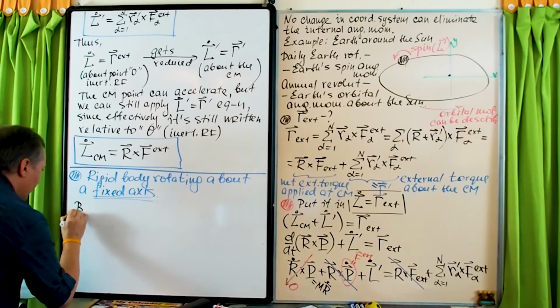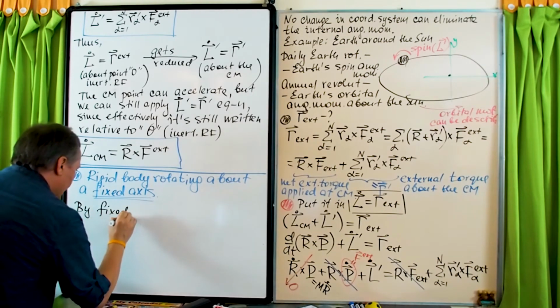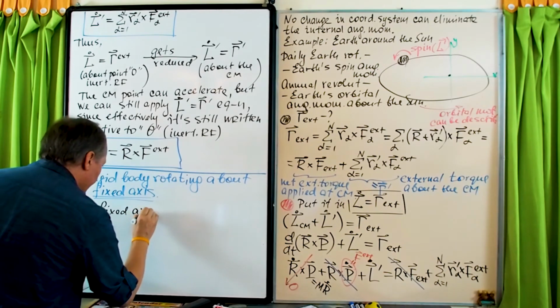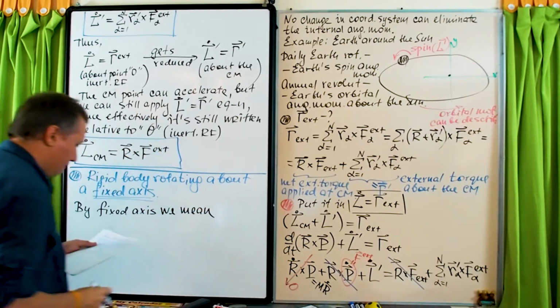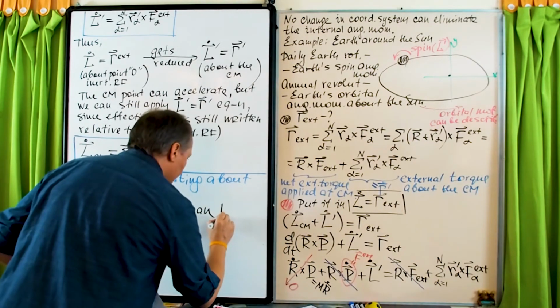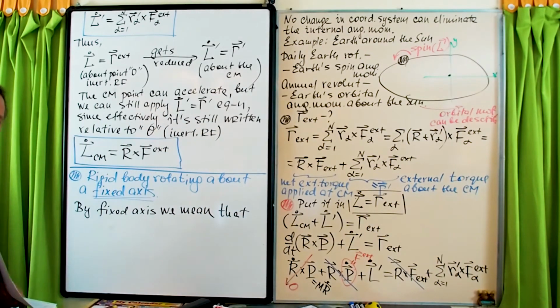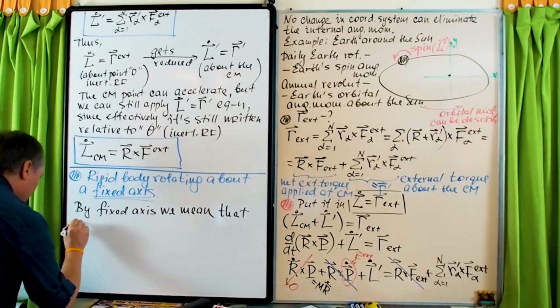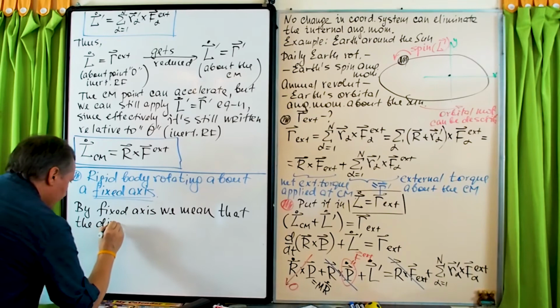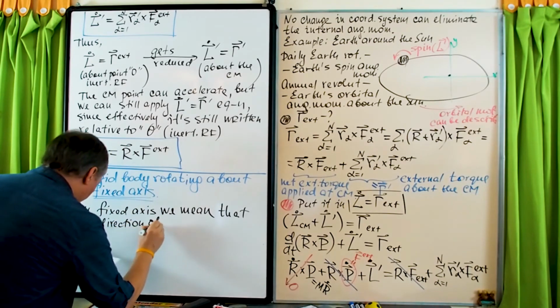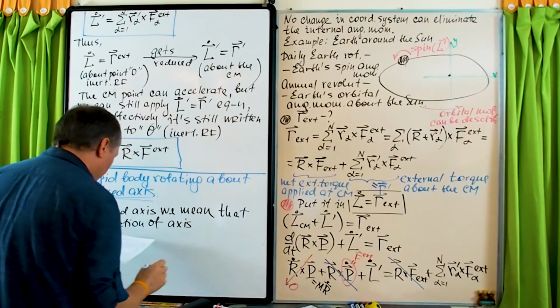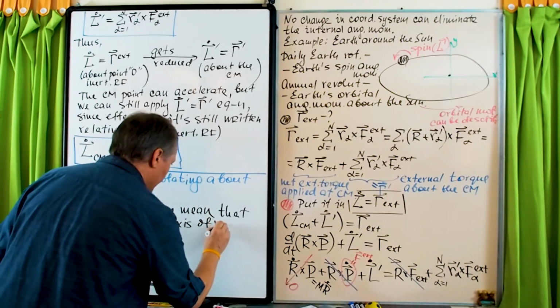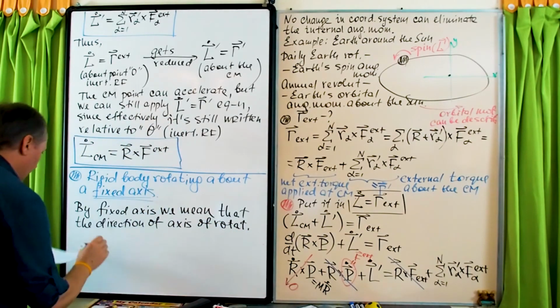By a fixed axis, we mean that the direction of the axis of rotation is along the same line.